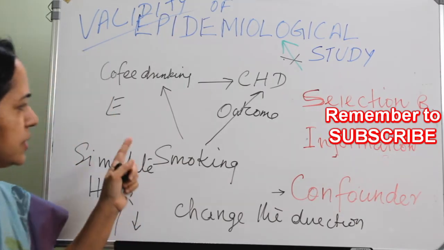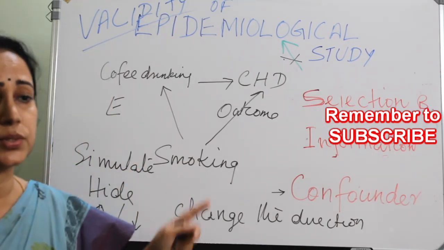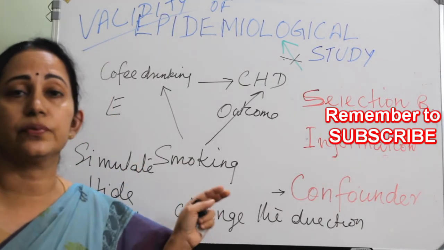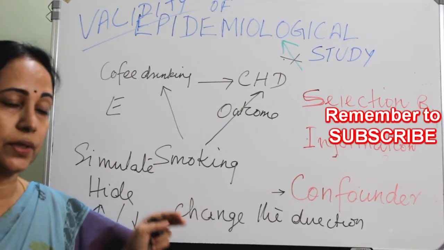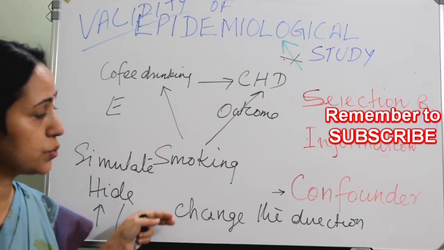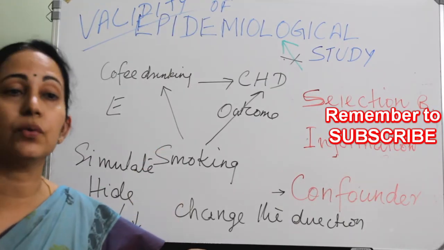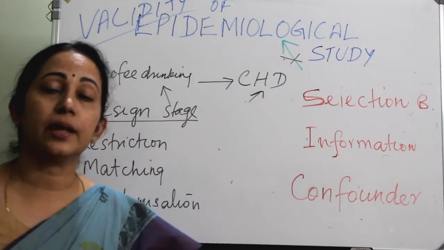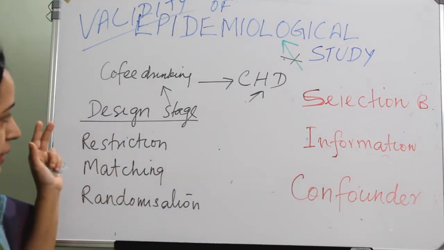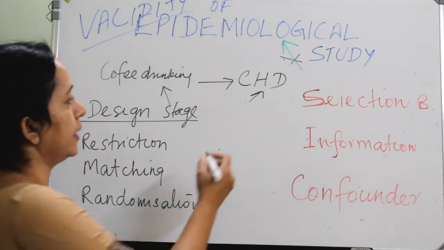Okay, so this is actually a nuisance, and the investigator should have a thorough knowledge of the confounding factor, and this has to be eliminated or avoided as far as possible. There are so many techniques for that. The confounder can be tackled at the design stage or later at the analysis stage.